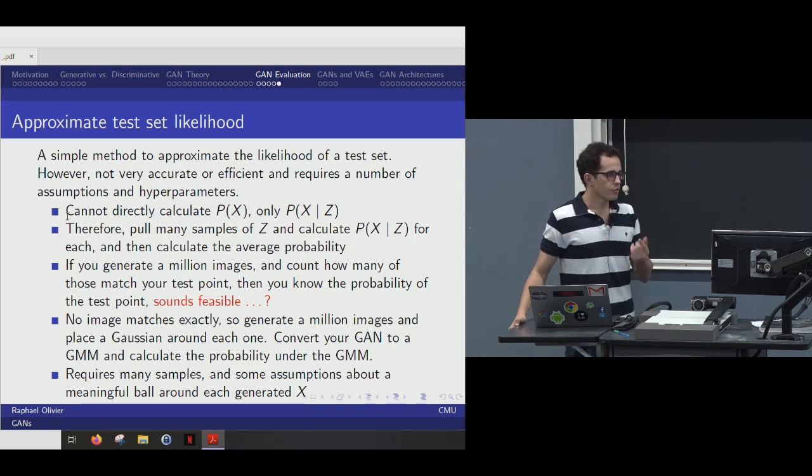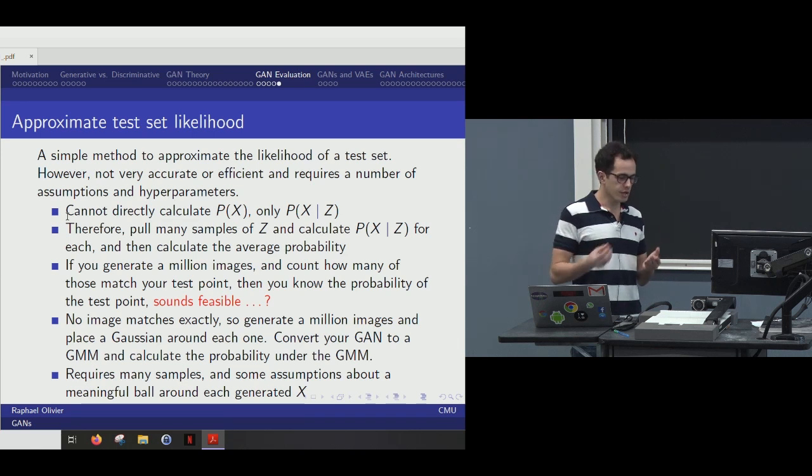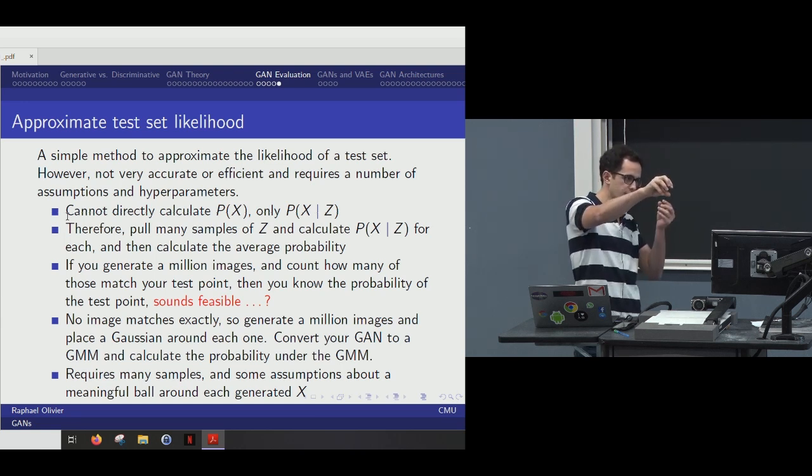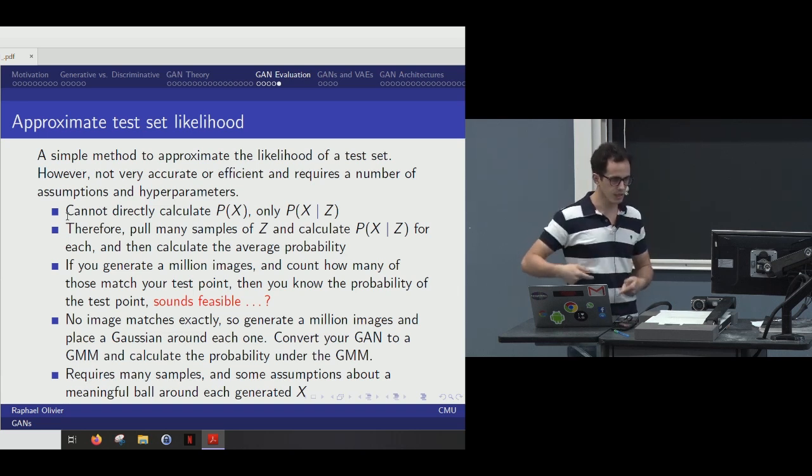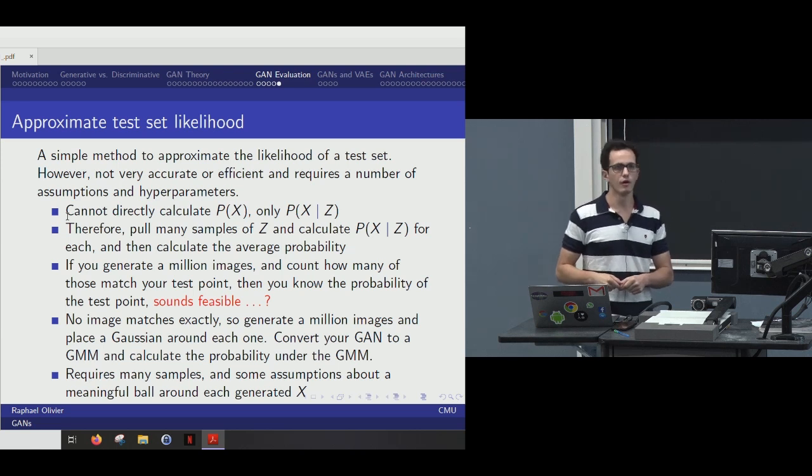Of course, you get a little problem if you try to do that, which is that it's a continuous distribution. So strictly speaking, the probability is 0, and you need the probability density and stuff like that. But you can work around that by, instead of looking at how many images are exactly the same, taking a ball around your image, looking at how many images are in this ball, and getting the probability from that.